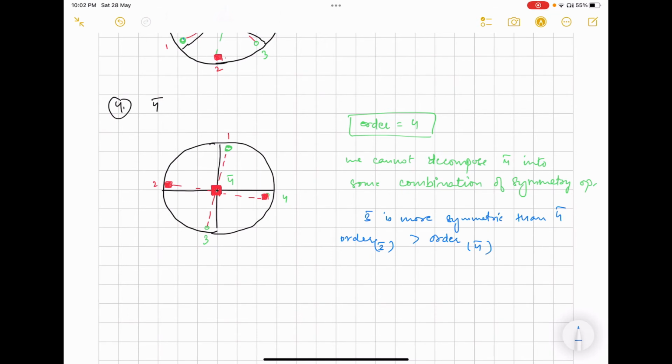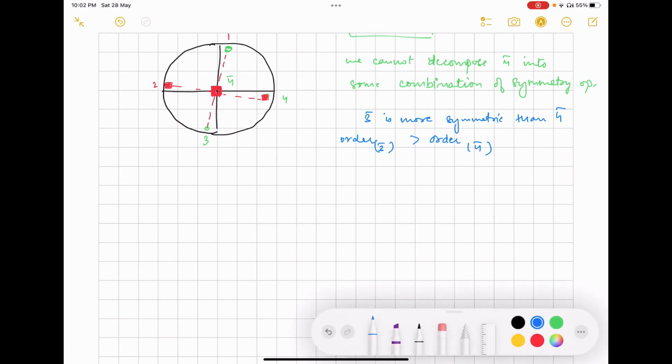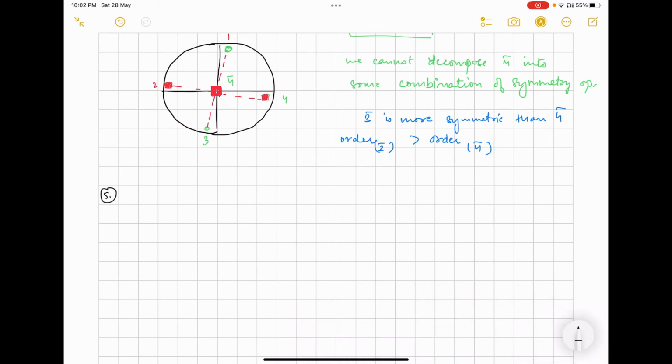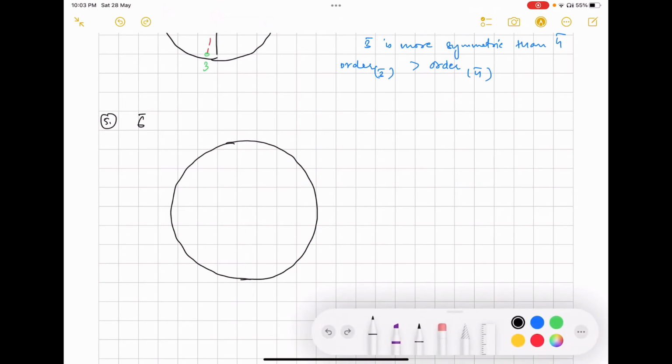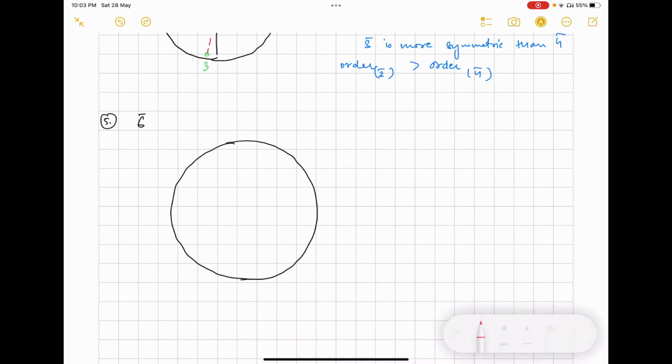Now let us move to the last roto-inversion, that is 6 bar. Okay, these are the axes. So let us not draw them in this case. So let us first draw the symbol for the 6 bar fold roto-inversion: a hollow circle enclosed within a regular hexagon.